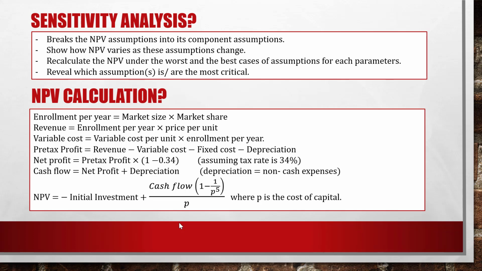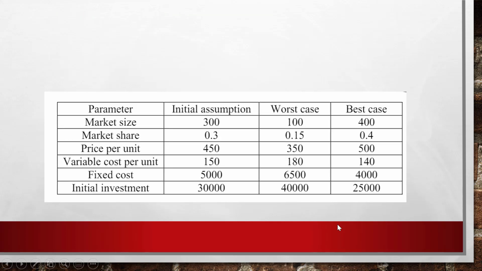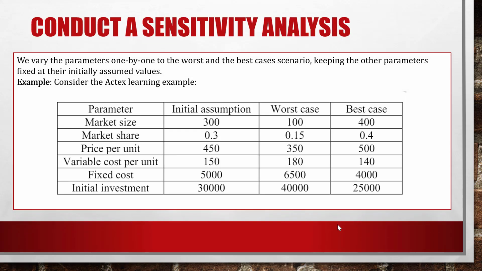So the NPV is minus the initial investment plus cash flow times (1 minus 1 over P to the 5th), the whole thing over P. We're using P here as the cost of capital. To compute the cost of capital, just rewatch the video on cost of capital that I posted a couple of weeks ago.